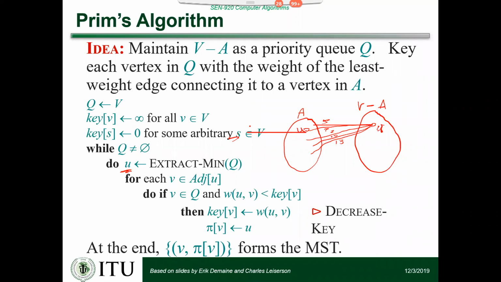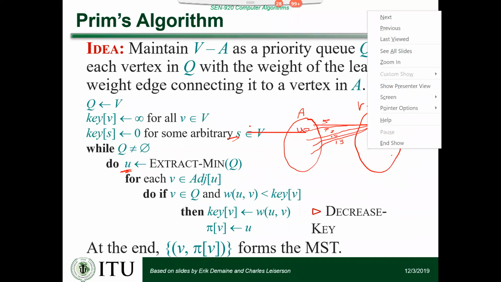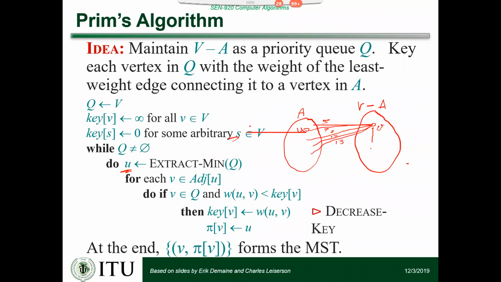And then for all the neighbors of U, if V is still in the priority queue, meaning this, let's say, if I have this neighbor. All right, so this is U and this is V. So now U is going to be pulled over to A, after the extract min.